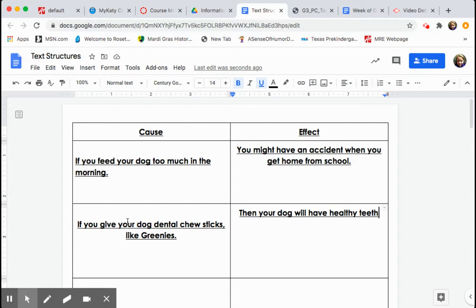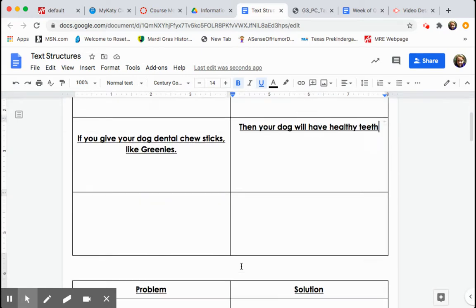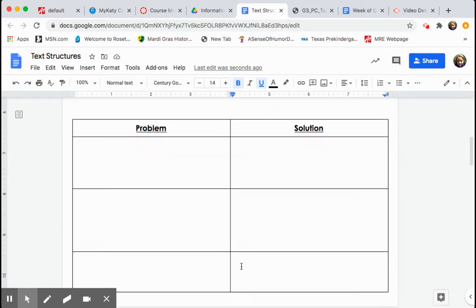Where if you don't put the right ingredients, then your cake might not taste good. Okay, so your first one is cause and effect, and you're really thinking about, if I do this, what is the consequence going to be? Okay. All right, and then you have problems and solutions, okay?